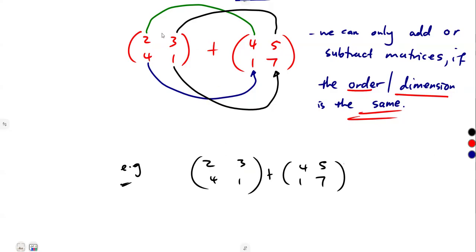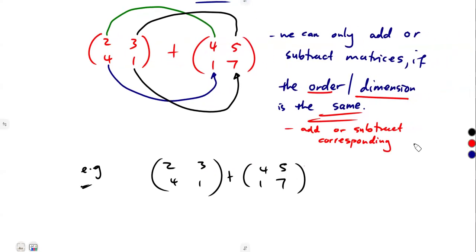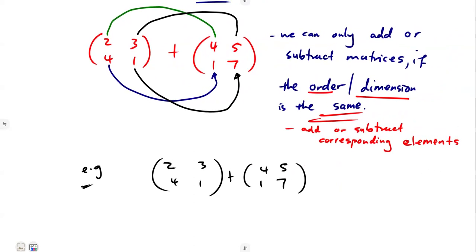We can only add the corresponding elements as we saw. So you can add or subtract corresponding elements or numbers. The elements are the numbers inside, not the terms or the letters that you're given. So that is what is corresponding.